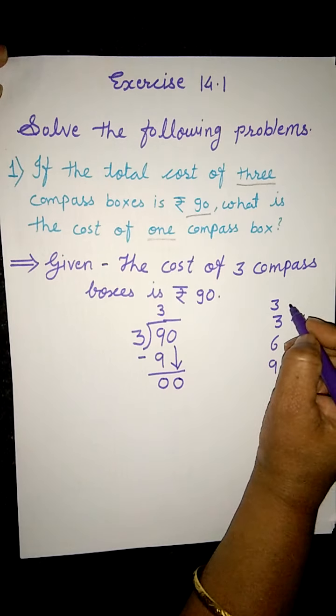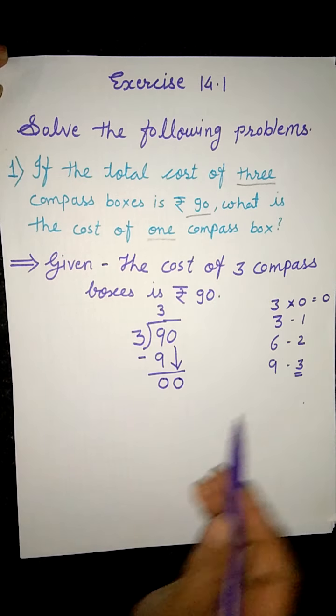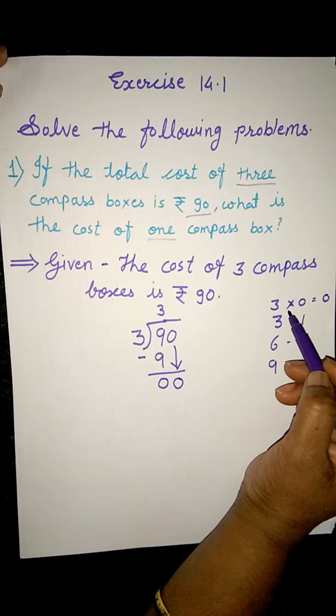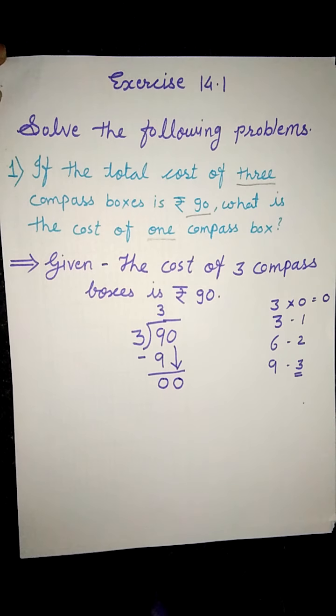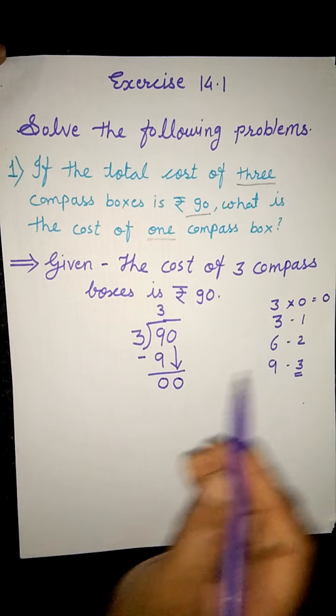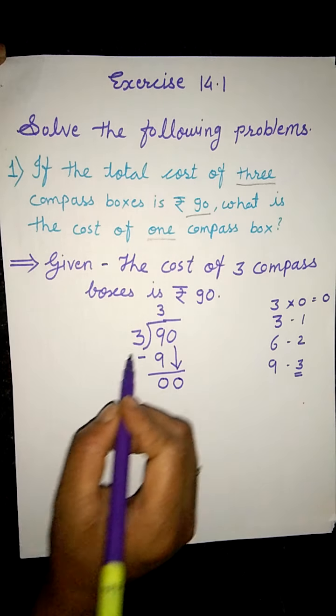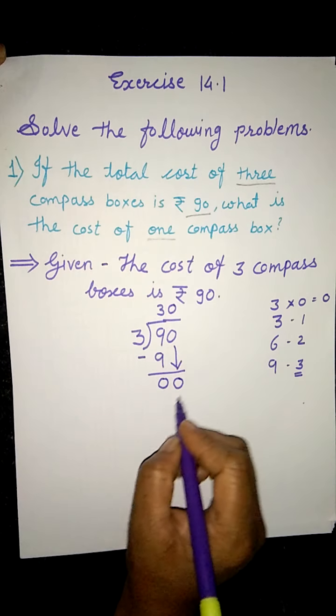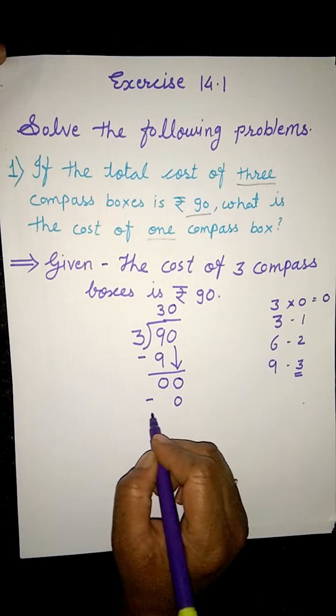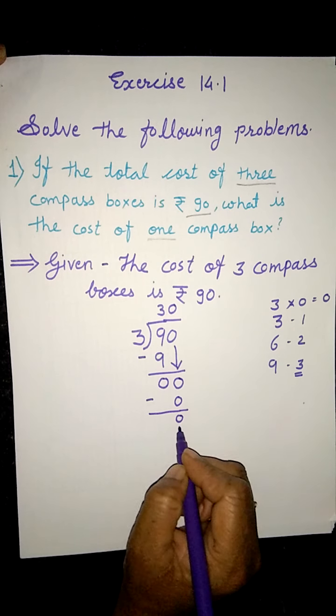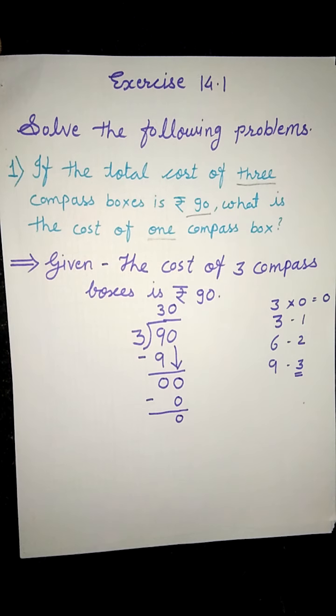Now 3 zeros are 0. Don't forget children, if you multiply any number from 0, you will get the answer 0. So 3 zeros are 0. 0 minus 0, 0. What will the answer we get?